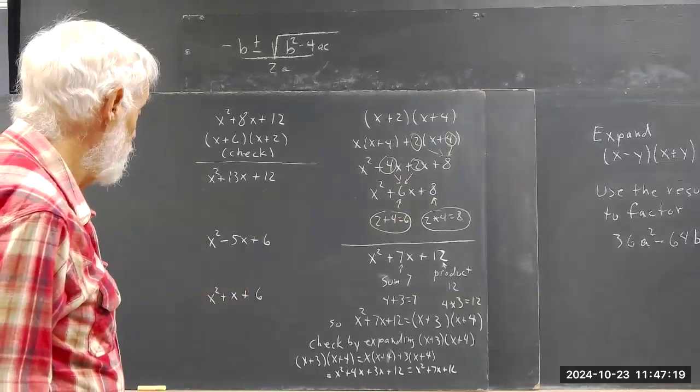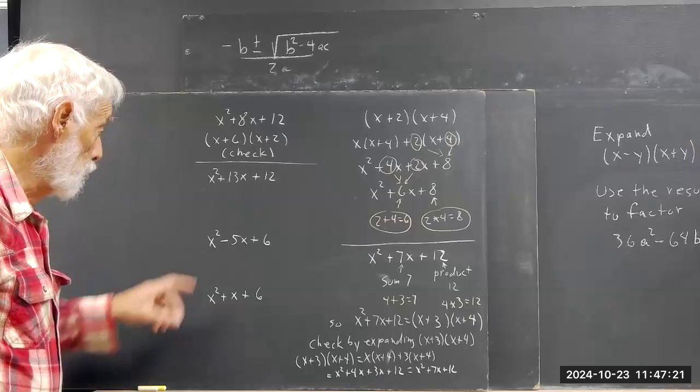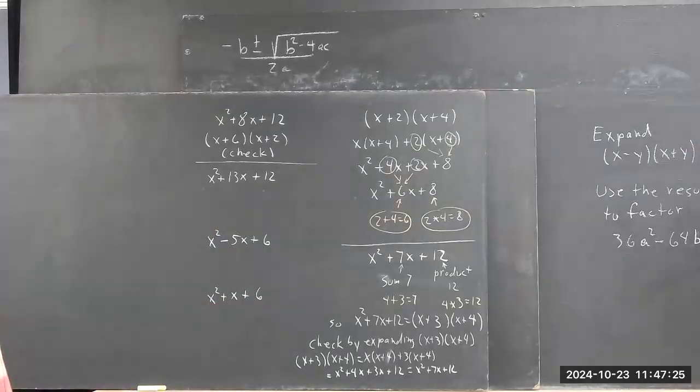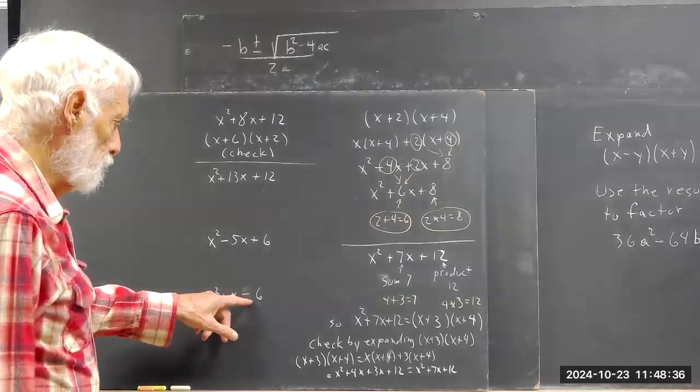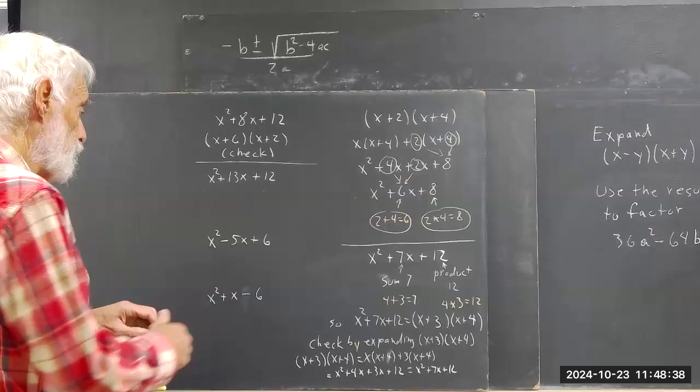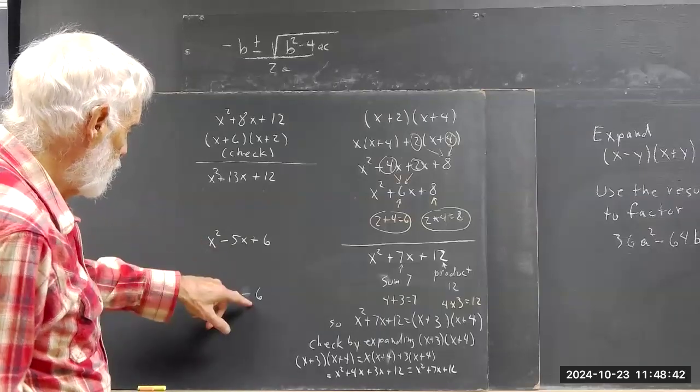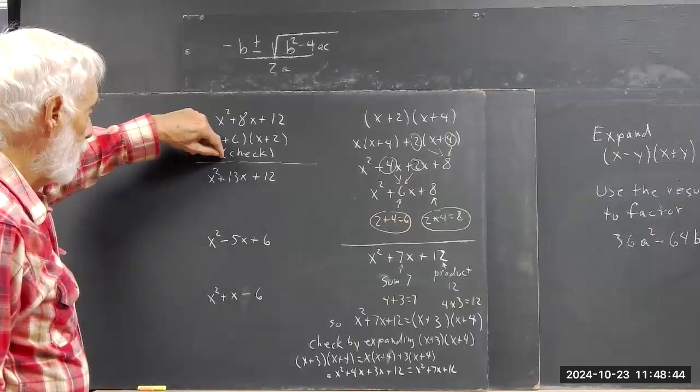Here, well, we'll let people work a little longer to get this one or this one or this one. Okay, accidentally wrote a plus 6 here. This should have been a minus 6. It's not going to work if you got a plus here. Okay, this one.